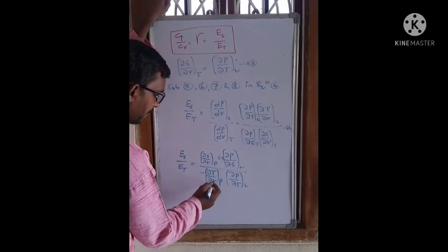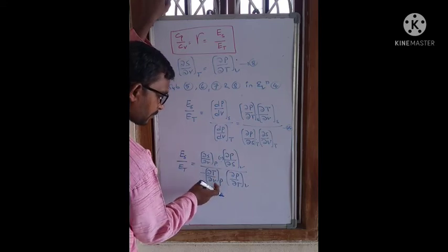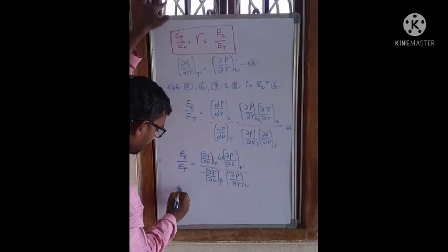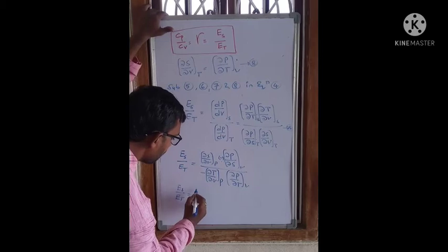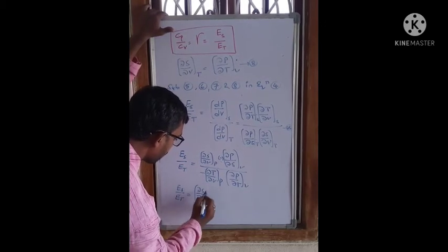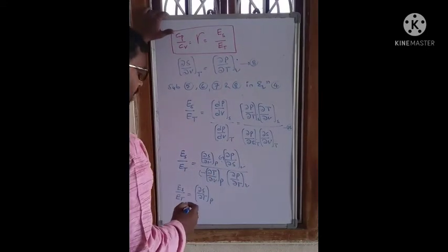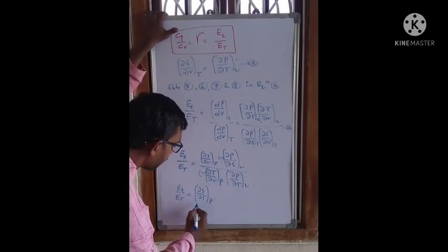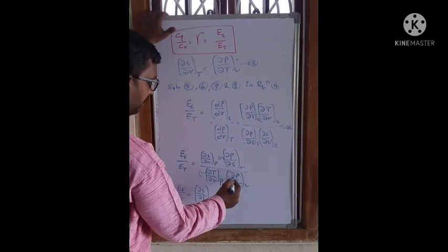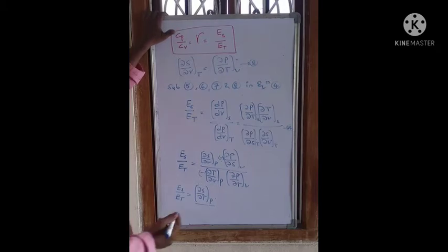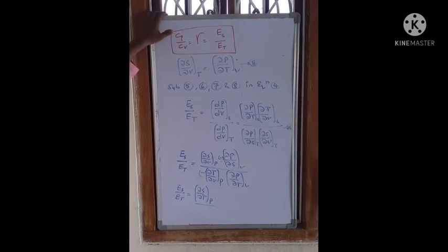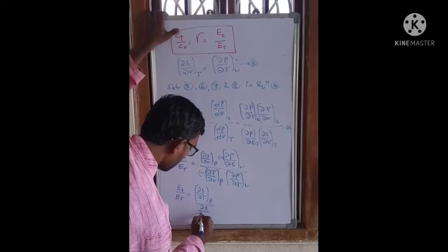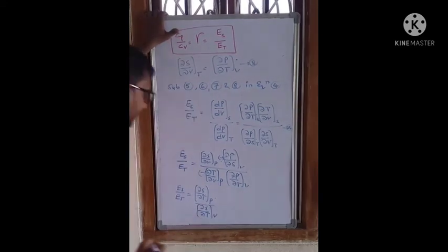From these equations, pressure is constant here and here, and ∂V gets cancelled, and finally we have ES by ET equal to ∂S/∂T at constant pressure P, where the minus gets cancelled, and ∂P and ∂P get cancelled, and finally we get ∂S/∂T at a constant volume.